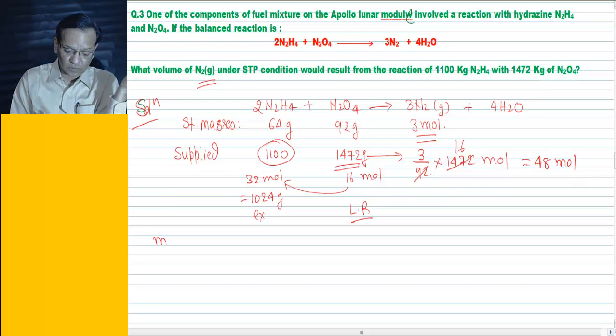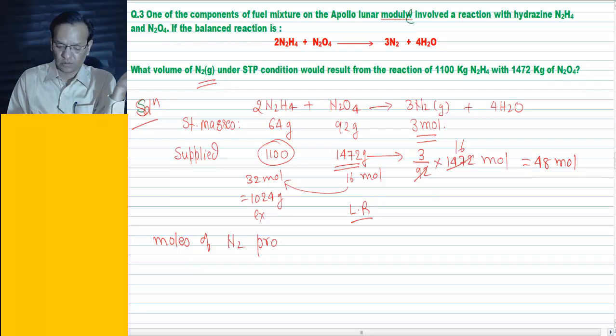So the moles of N2 produced will be equal to 48,000.